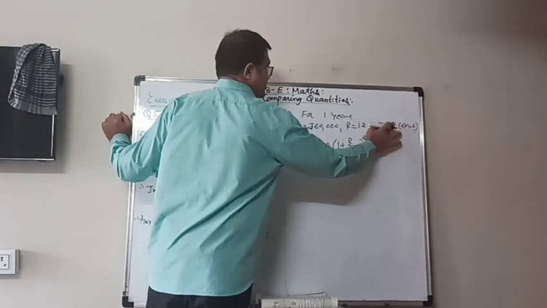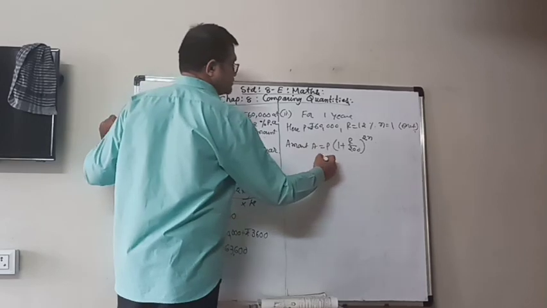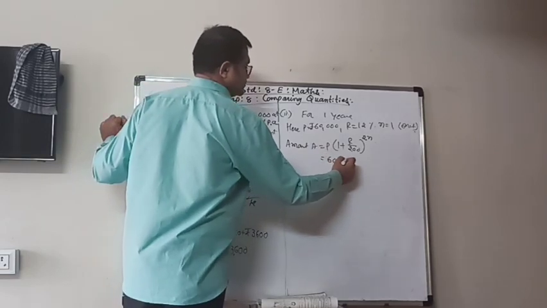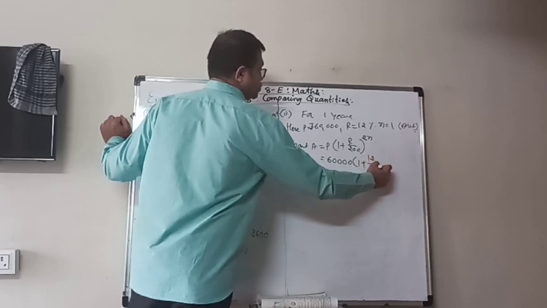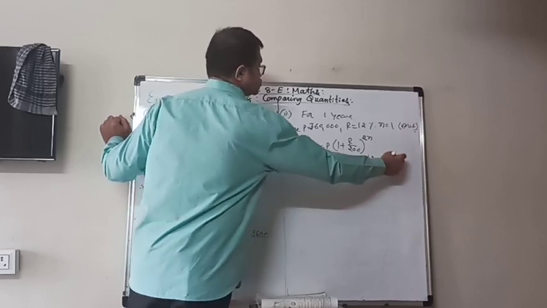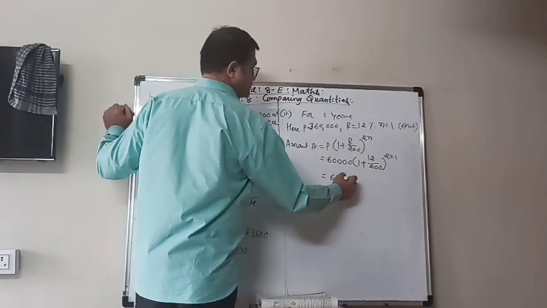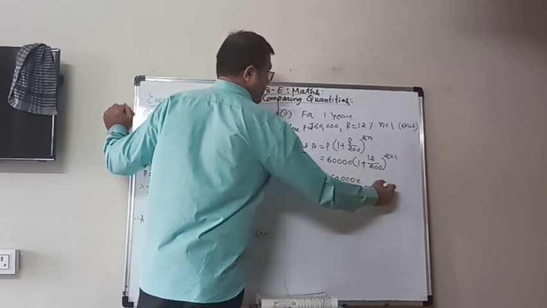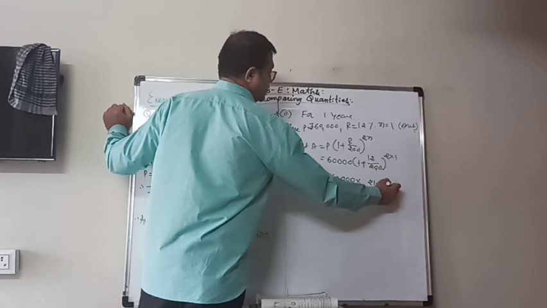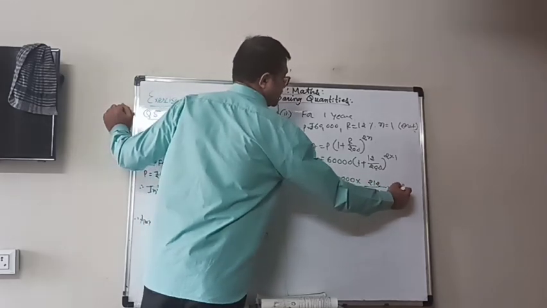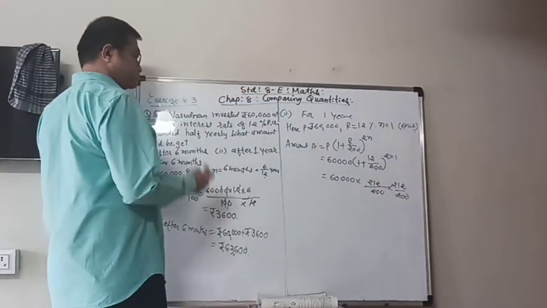Or here you can leave it as 1 year because you are going to multiply it. So now P is 60,000, 1 plus 12 upon 200 raised to 2 into 1. So that is 60,000 into 212 upon 200 into 212 upon 200, because 2 ones are 2 times.